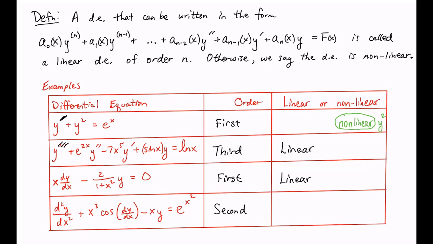So there's a composition here that sticks out and says it is non-linear. That composition is the cosine of dy dx. That breaks the definition of what it means to be a linear differential equation. So the last example is second order, but it is a non-linear differential equation.